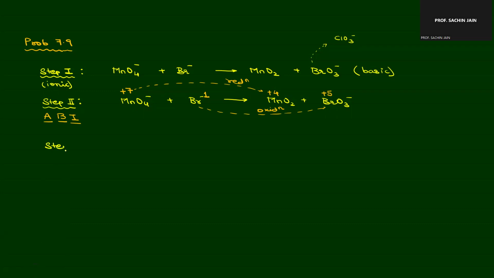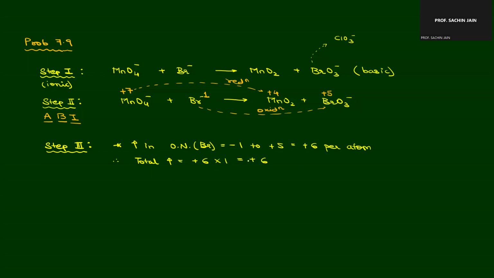Step 3, you find the increase and decrease, and then balance with respect to the LCM. The increase is happening in the oxidation number of bromine, from minus 1 to plus 5, which is equal to plus 6, again per atom, but the number of atoms is 1, so the total increase stays the same. Specifically, we write this so that we don't mess up with the number of atoms if they are more than 1.